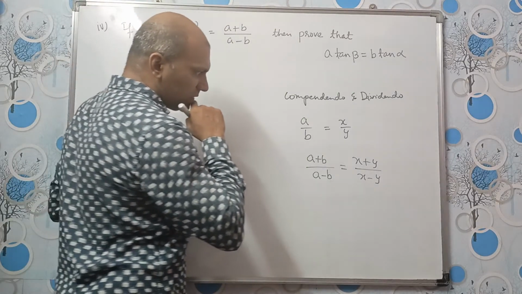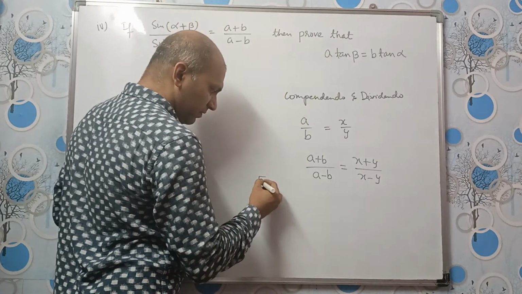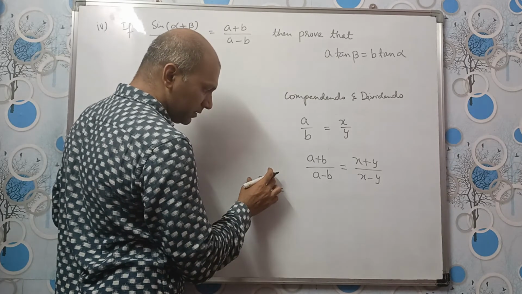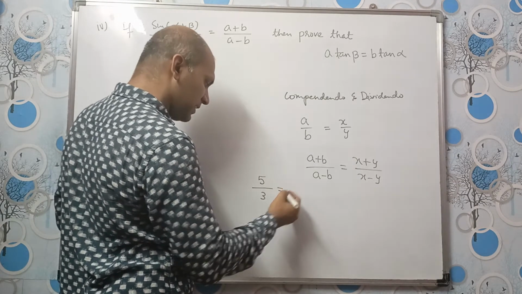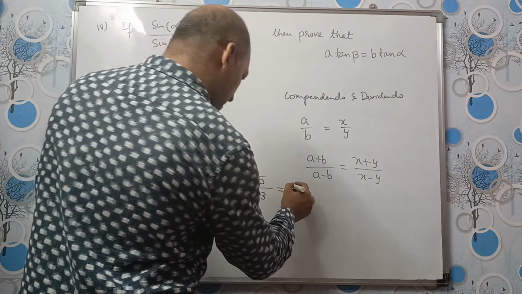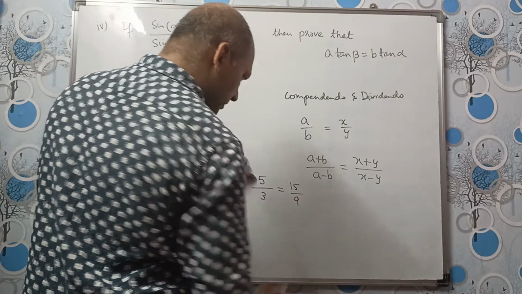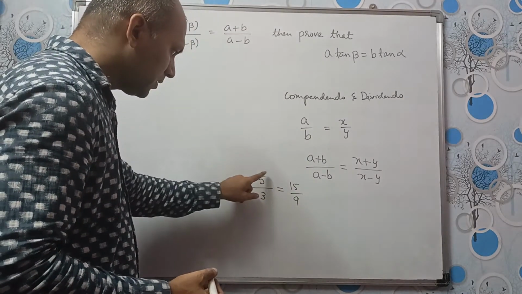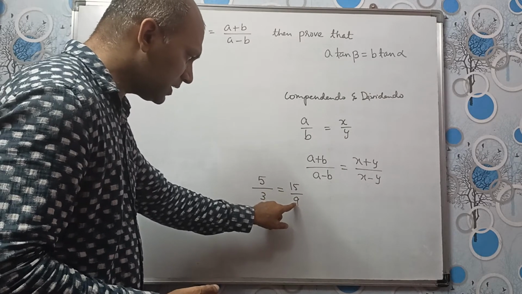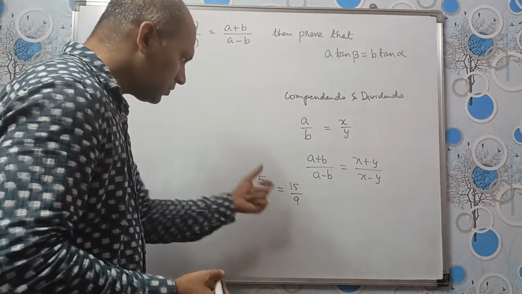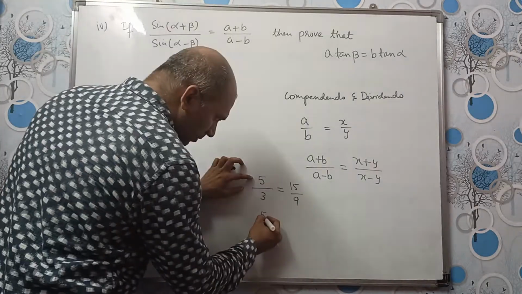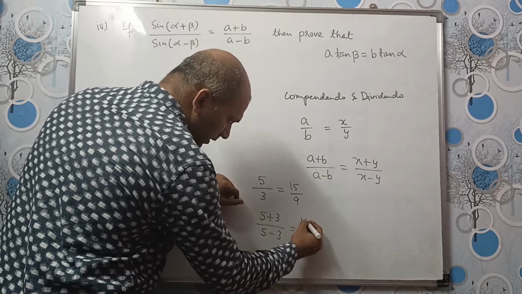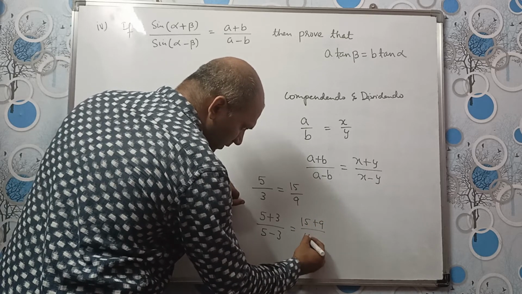Let me explain using one example. Let us say we have 5 by 3. This ratio will be the same as 15 by 9, right? Now apply componendo dividendo. 5 plus 3, 5 minus 3. Here 15 plus 9, 15 minus 9.